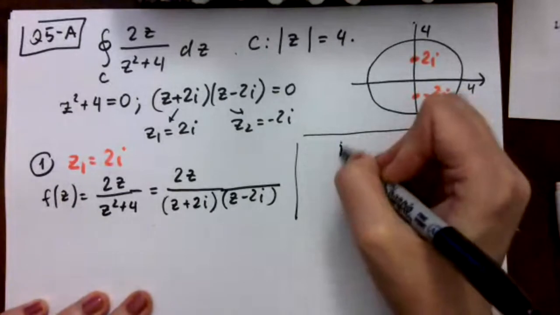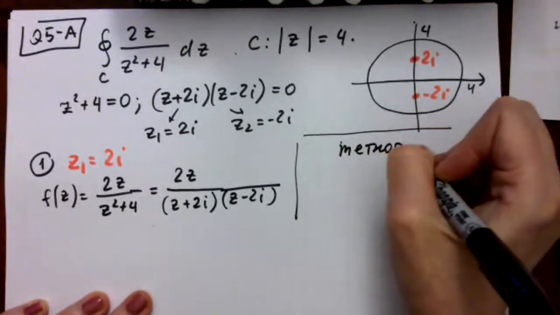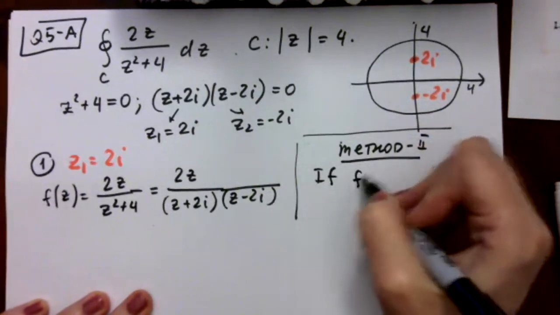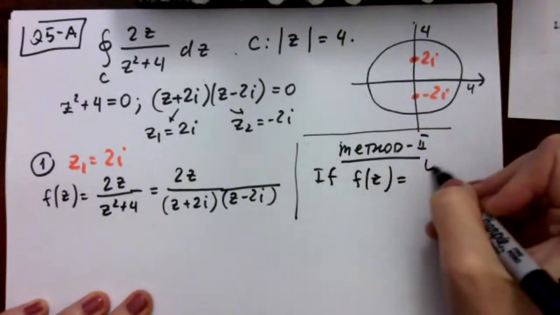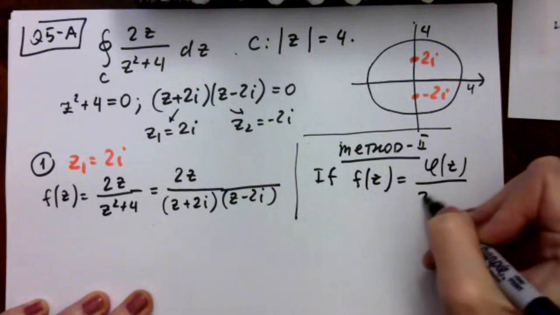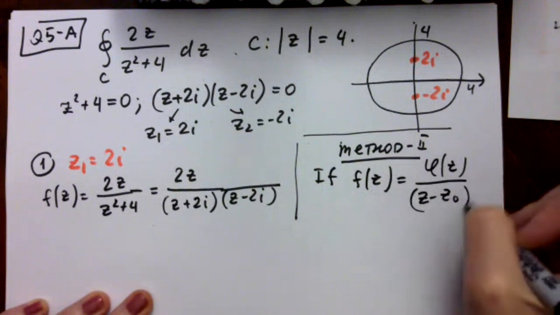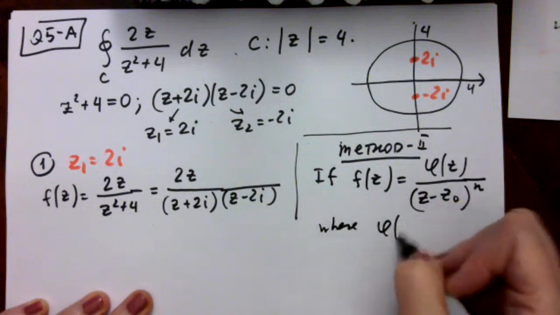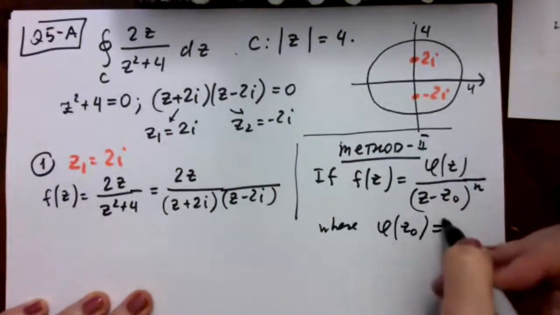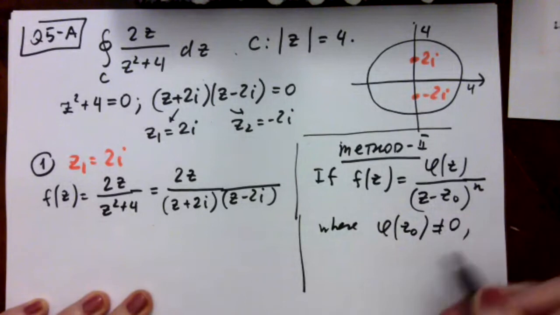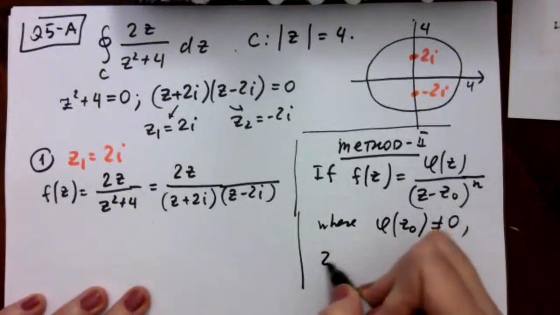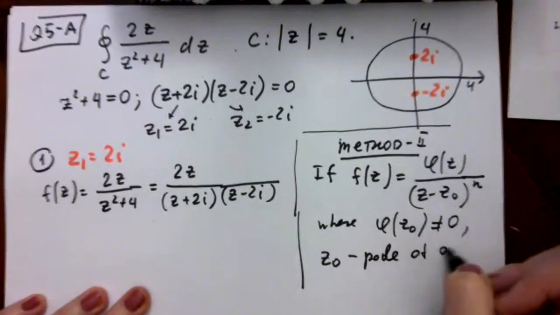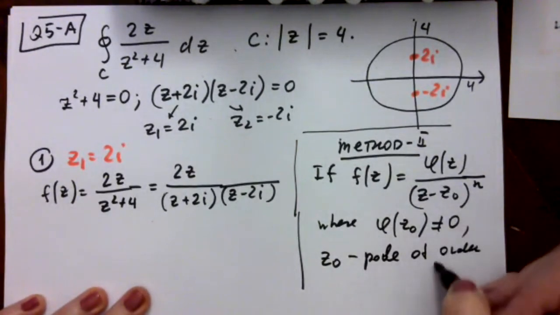And what does our second method say? Let's recall method 2 and how to deal with poles. If your function f of z looks like phi of z divided by z minus z0 to the power of n, where phi of z0 is not equal to 0, then z0 is a pole of order n.